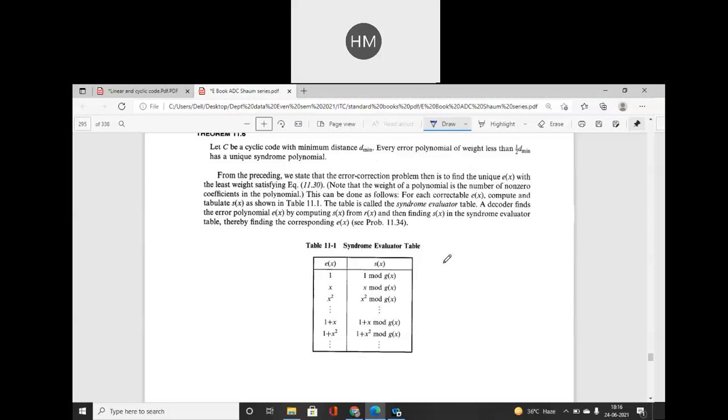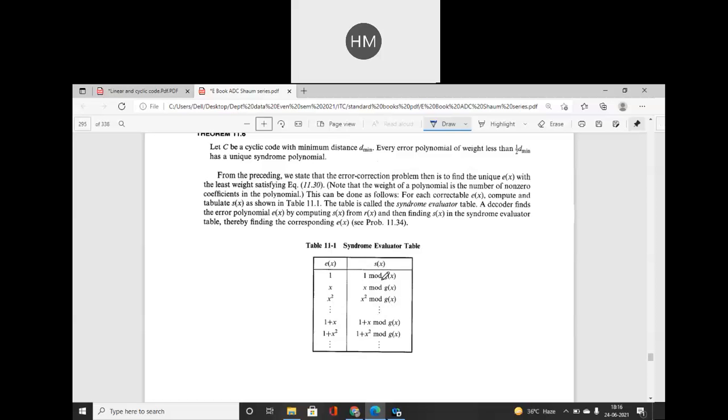Then I will find S of x by evaluating R of x mod G of x. Then I will find the error corresponding to the syndrome, it's this one mod G of x, x mod G of x. So I will get that error. Once the error is found, how to correct it I will get from this table.